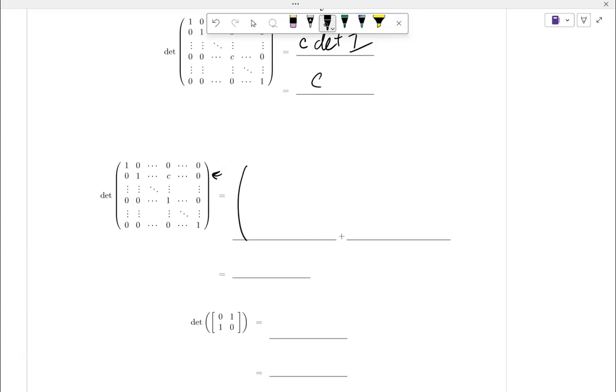I know there's lots of dots in here. Okay. All right. Let me put one more thing in here. Let me put a 0 right here.